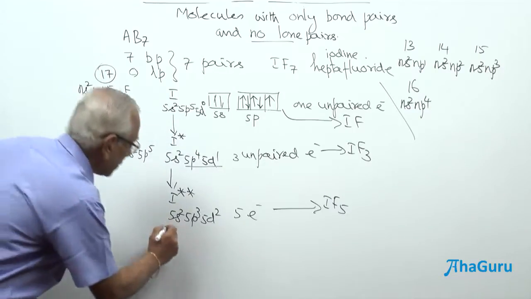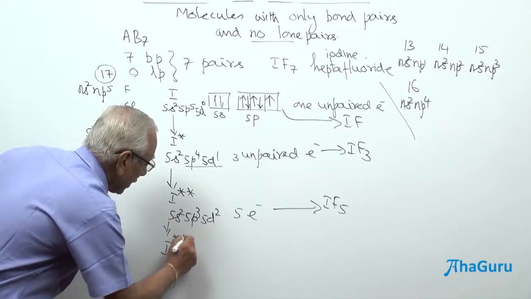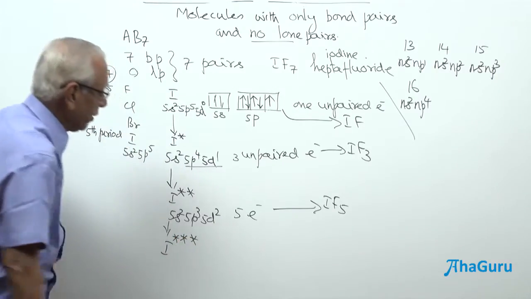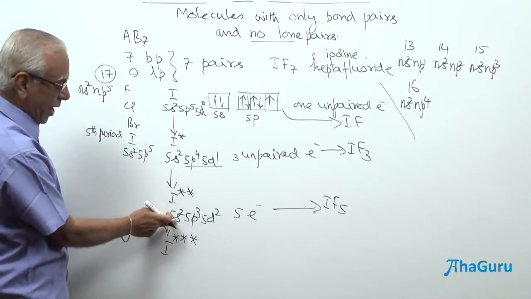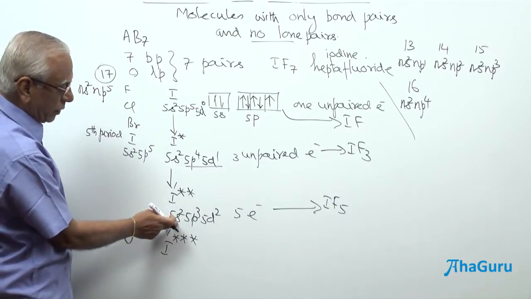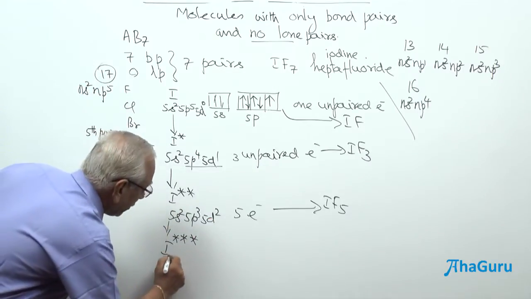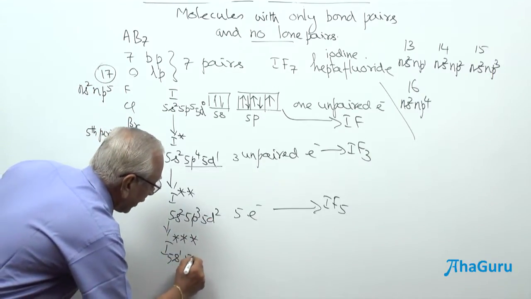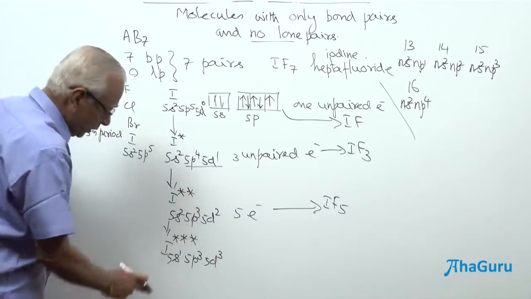Now, my dear students, you see here what should be the electronic configuration of iodine to form iodine heptafluoride. So, the third excited state. Now, this is paired. One of the electrons is going to be promoted over here. So, as a result, I end up with 5s1 and 5p3 not to be disturbed. Now, we have got one more electron.